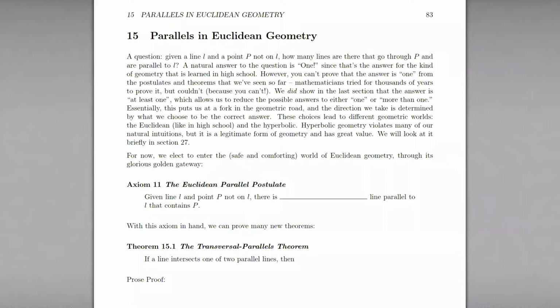And I mistakenly said in a previous section, where we were talking about parallels and triangles in neutral geometry, that we could think of it as Euclidean geometry. And while that's not entirely false, it's maybe not quite as true as I would have liked it to be.